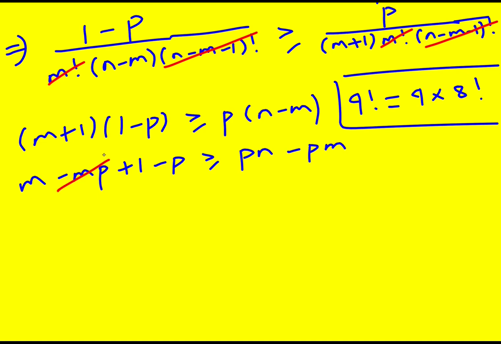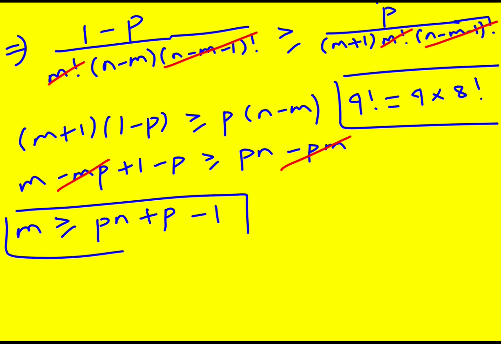These are going to cancel. So I'm going to get m is greater or equal to pn plus p minus 1. Okay, I'm just going to bear this in mind for the moment. I will put a box around it. That's going to be pretty useful. It's not giving me an interval, but it's giving me at least, it's got to be greater or equal to this. It's like a lower bound, essentially.